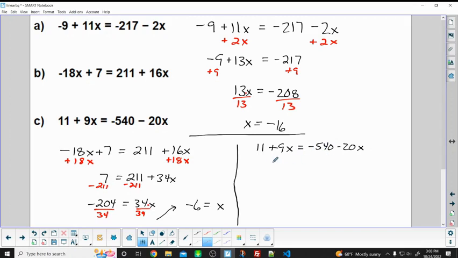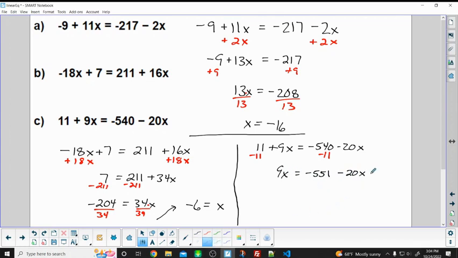So I am going to subtract 11 over here and subtract 11 over there. That's going to get rid of this 11 on this left side. So that leaves me with 9x equal to negative 540 minus 11. That's negative 551 minus 20x.